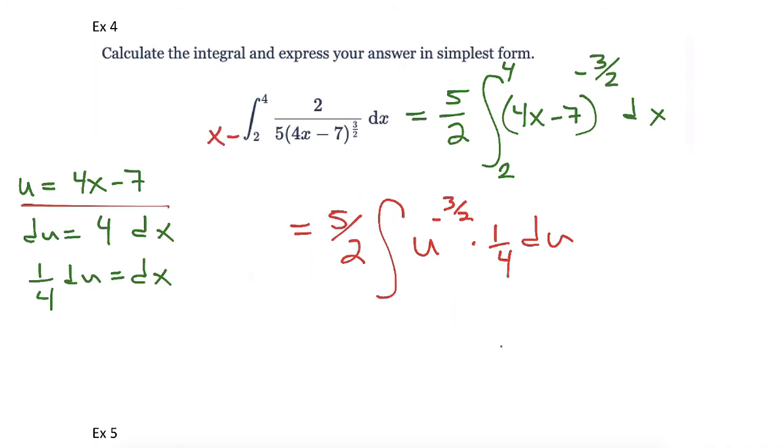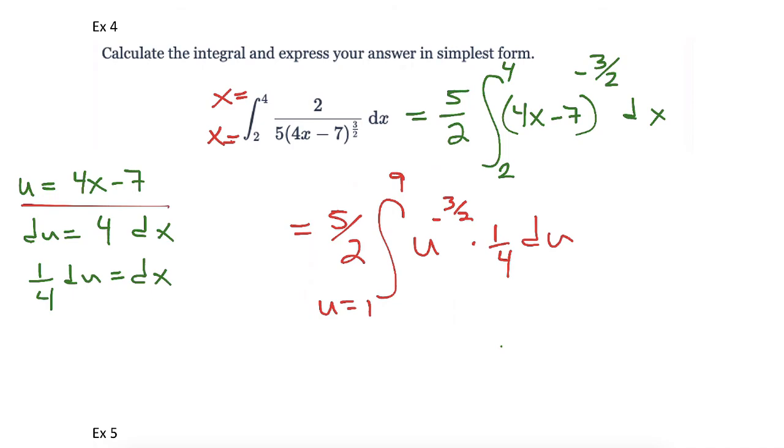These are x equals 2 and x equals 4. So now we want u. When x equals 2, u is equal to 1. 4 times 2 is 8, minus 7 is 1. 4 times 4 is 16, minus 7 is 9.